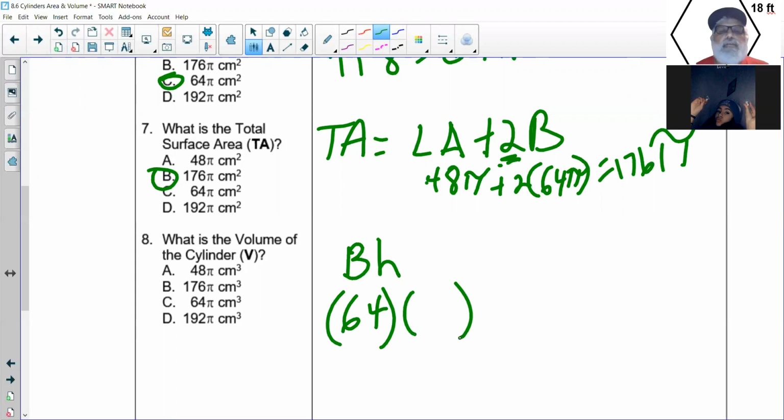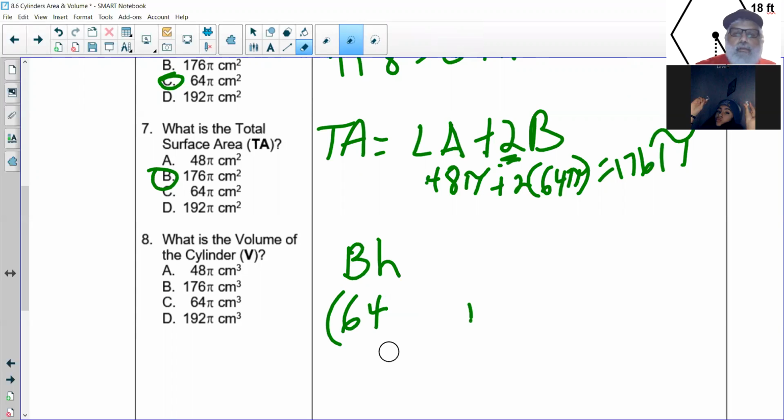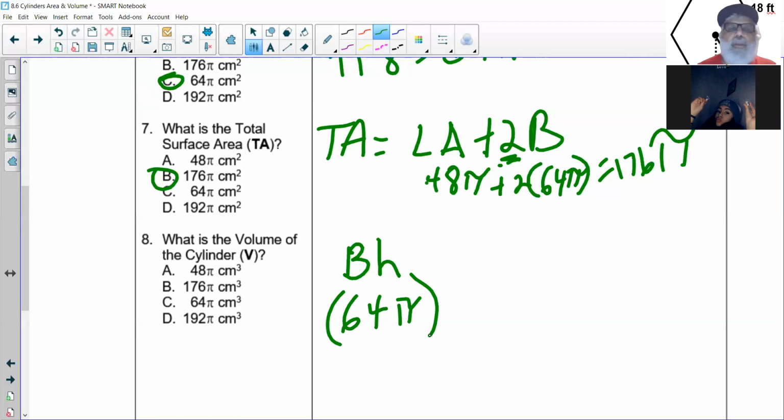What was the height? You've got to look at the picture.